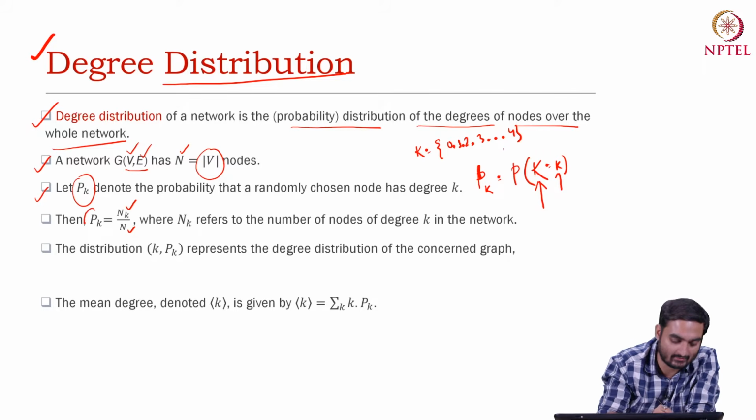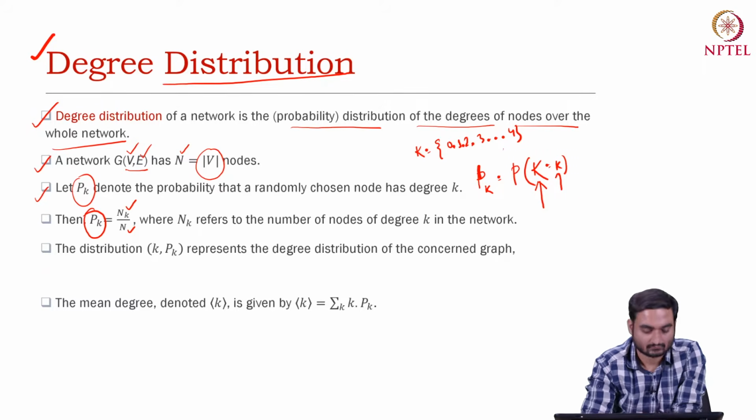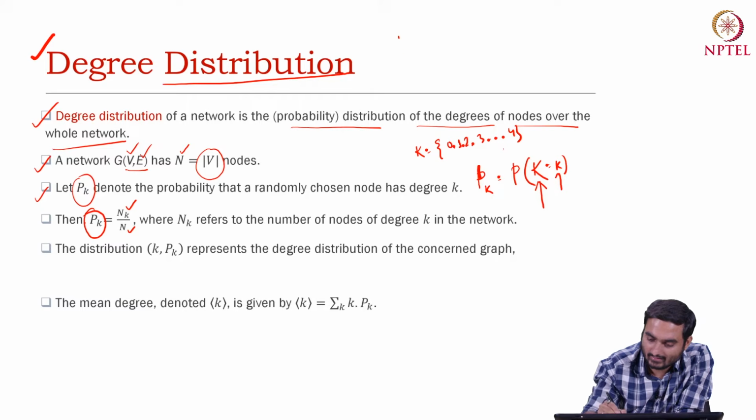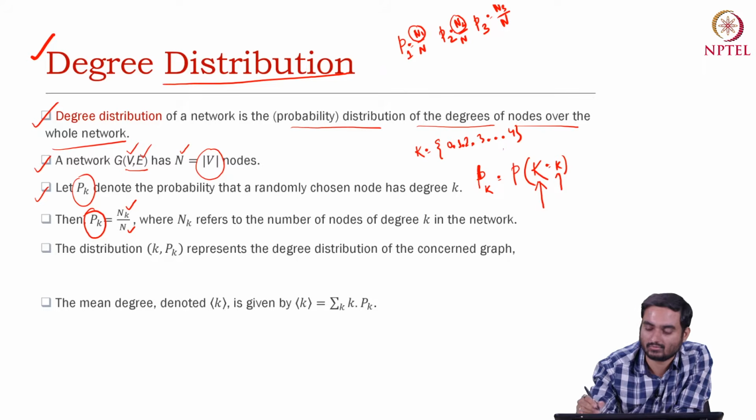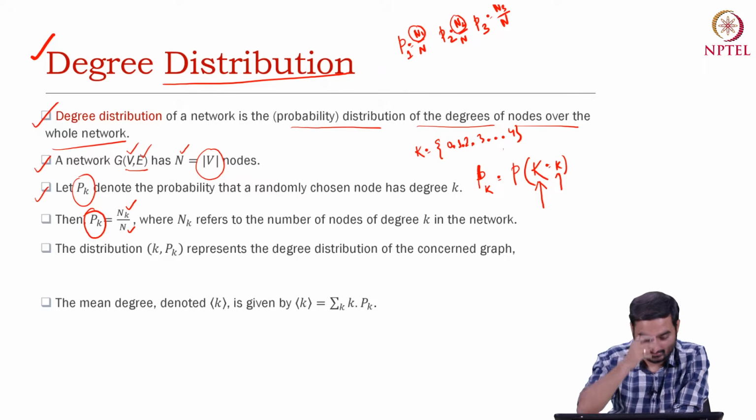That gives you P_k. So P_1 would be N_1 by N, P_2 would be N_2 by N, P_3 would be N_3 by N. N_1 is the number of nodes with degree 1, N_2 the number of nodes with degree 2, and so on.